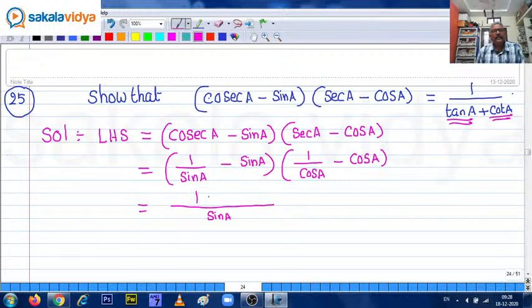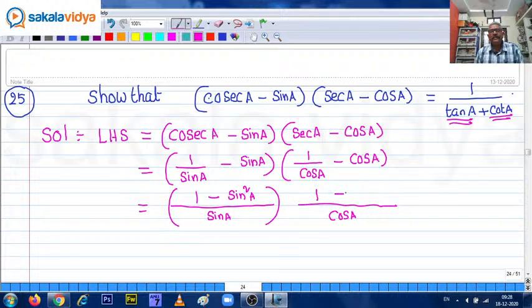Sin A into sin A is sin square A, so we get 1 minus sin square A. In the similar manner here, cos A is the LCM. We get cos A into cos A, cos square A, 1 minus cos square A.